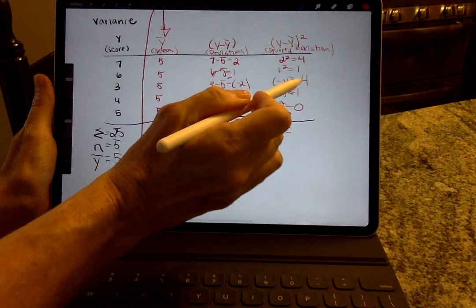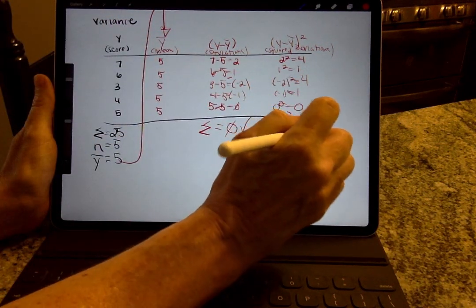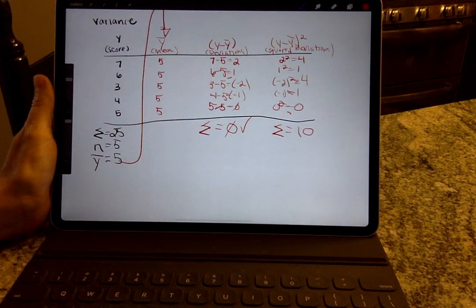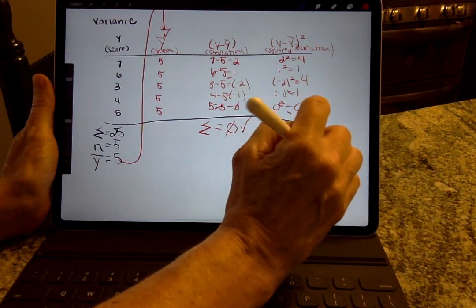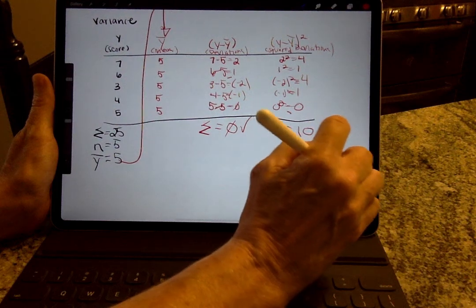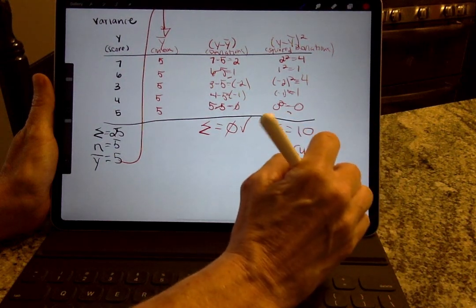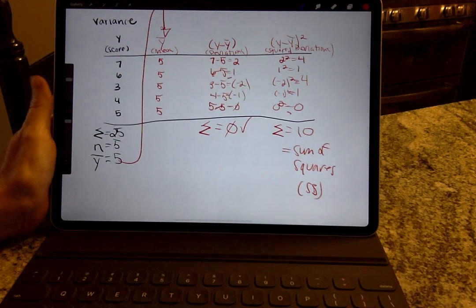So 4 plus 1 plus 4 plus 1 plus 0 equals 10. And that number, the sum of the squared deviations, has a very specific name. We call this our sum of squares, which we sometimes notate SS.